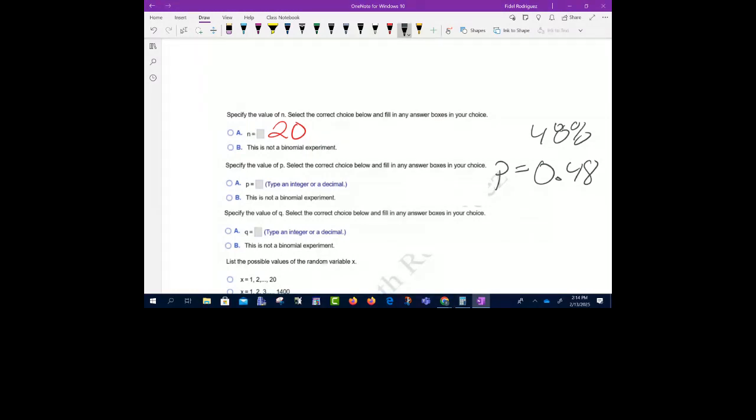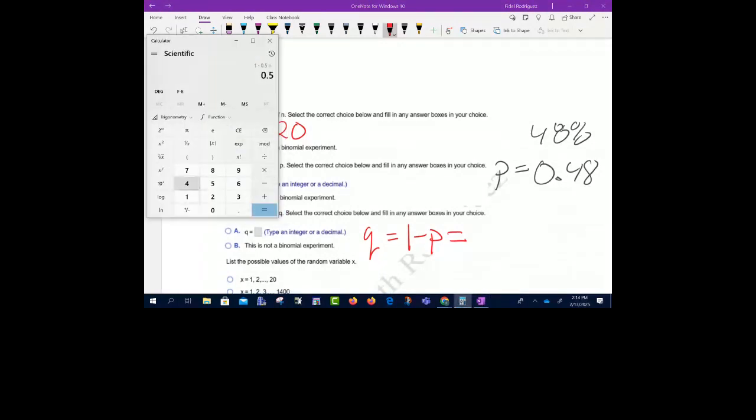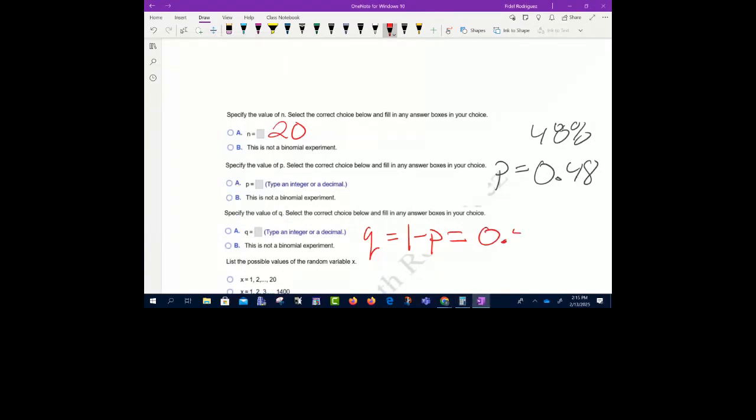Now let's find our value for Q. Remember, my formula for Q is 1 minus P. So if we go 1 minus 0.48, we should get 0.52. Remember the other day when I said, if Tim Smith said there's a 48% chance that it is going to rain, then we would say that means there's a 52% chance that it's not. That's really all we're doing right there.